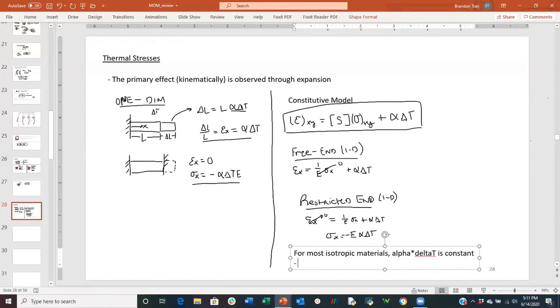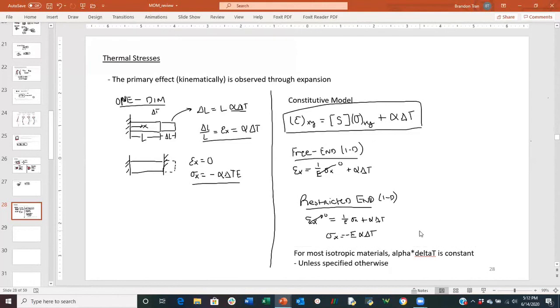And this is the most important part, unless specified otherwise. There may be times where alpha delta T is an equation based off your geometry, or it might have a different material that's embedded into the problem. You also have to consider that as well. So this statement may not necessarily remain true if there are some special conditions that might alter it, okay?